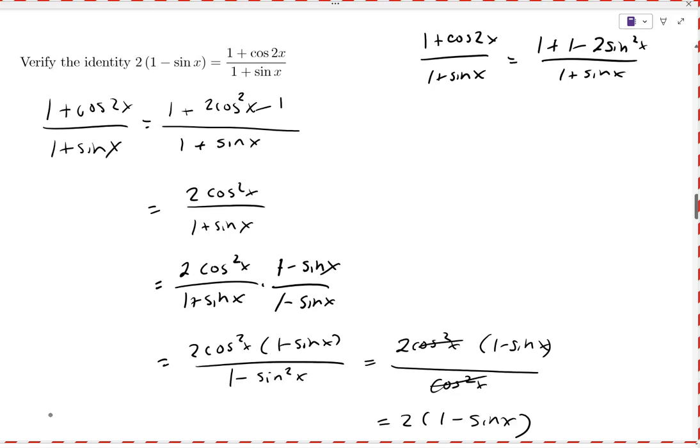This is probably the way I would have attacked it, because notice that what I'm trying to end up with only has sines. So if I could get rid of the cosine and make it in terms of sine to start with, that's what I would have done. That's how my brain would have worked.